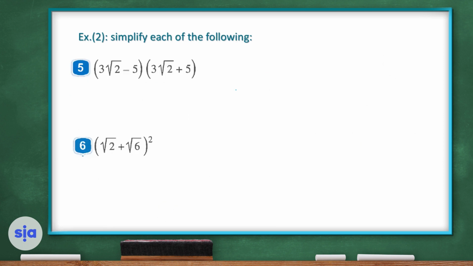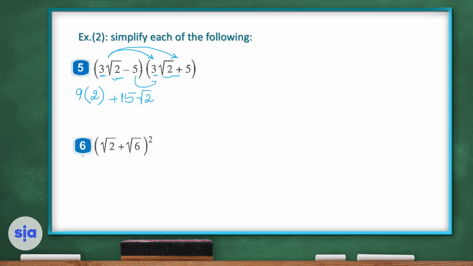Question 5. We're going to multiply these two brackets together. So 3 square root of 2 times 3 square root of 2. We're going to make the 3 times the 3, so it's a 9. And then the square root of 2 times the square root of 2, which is 2. And then 3 root 2 times 5 will be 15 root 2.